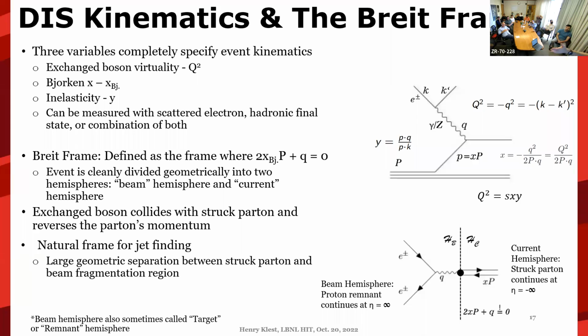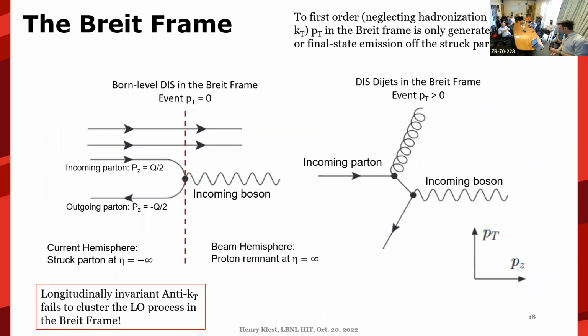The struck parton is at minus infinity at Born level, and the proton remnant is at positive infinity. So you can dice this up however you'd like to find jets. At Born level, being at eta minus infinity means you have 0 pT. So in the Breit frame, the single-jet style event has almost no pT. The only pT comes from random hadronization effects or intrinsic kT in the proton.